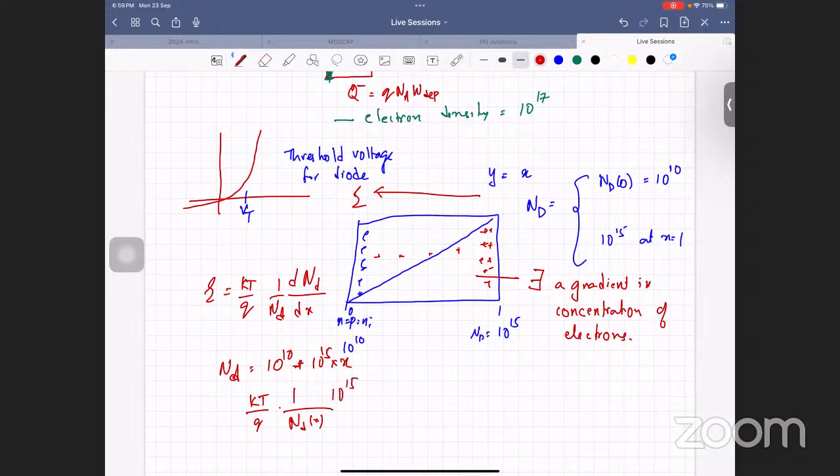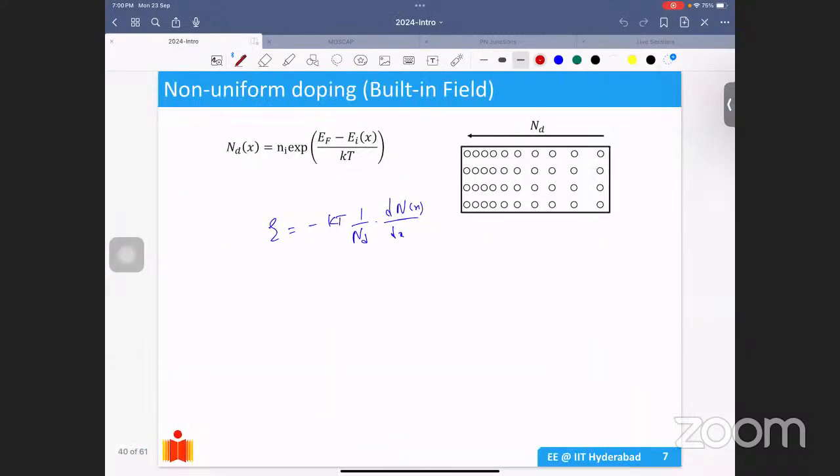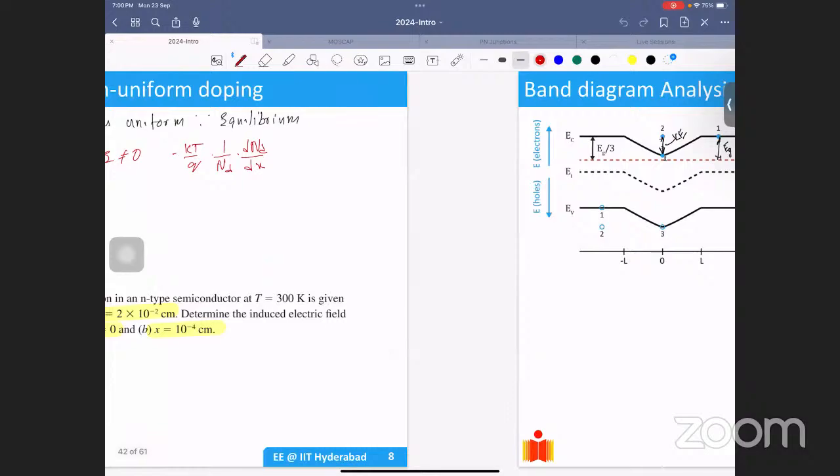This is what you get. If you took the expression ND to be equal to ND naught, this is probably the term that I solved in the lecture. If you have an exponentially varying doping concentration, then you get a constant electric field. That is the problem that is probably solved if you go back and look at it.